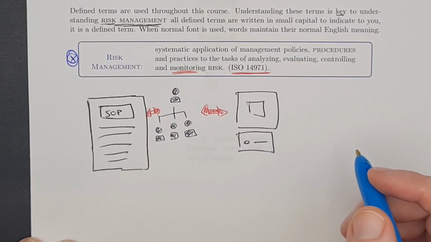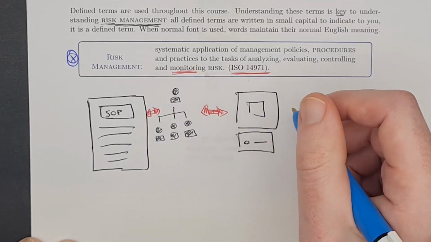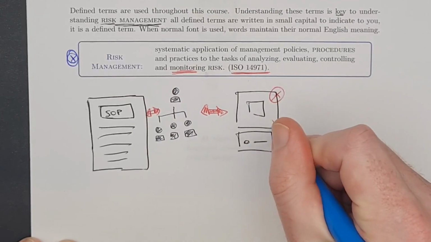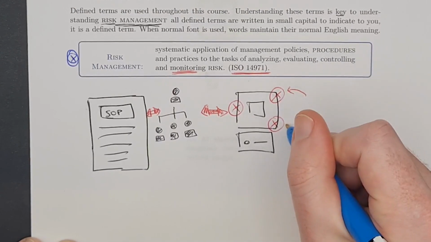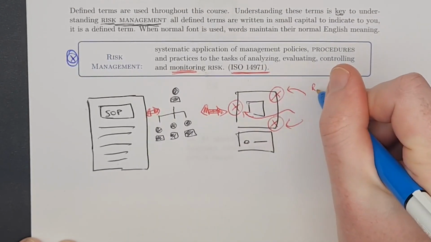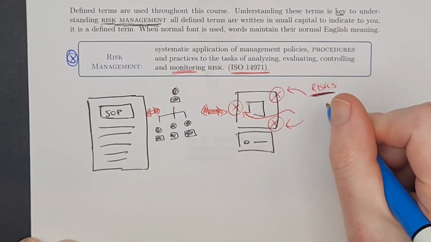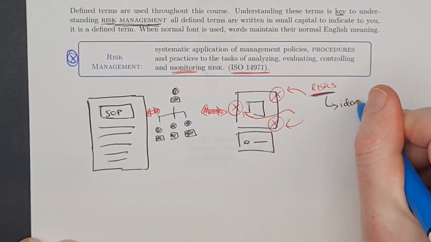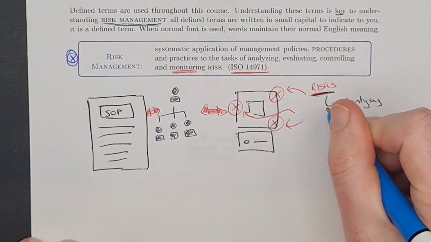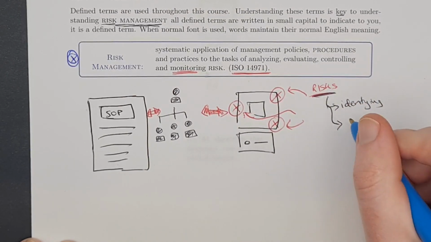The core and central part of this is that we look at the products that we are building, both in design and development and in post-market, and we identify risks. Identifying risks is step one, but we also evaluate risks, because not all risks are made equal.